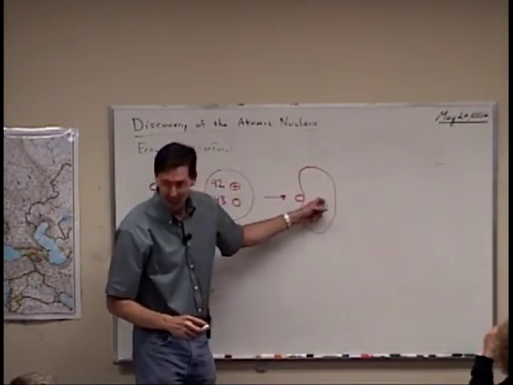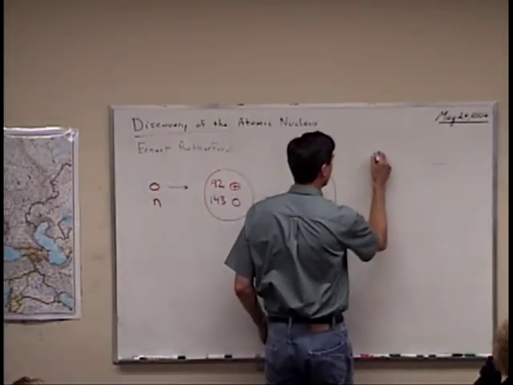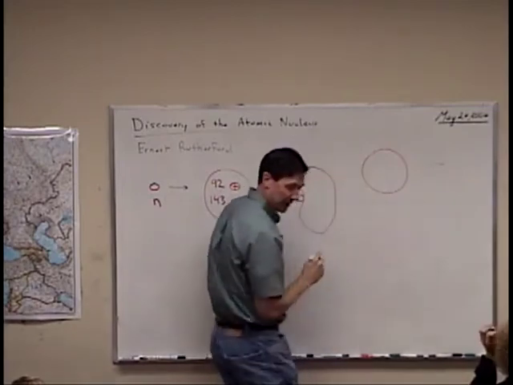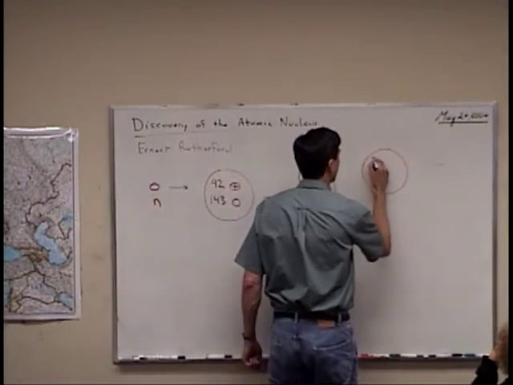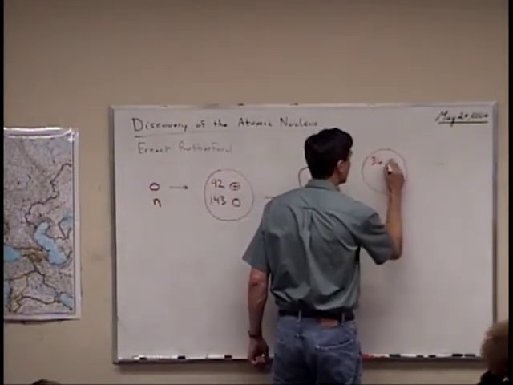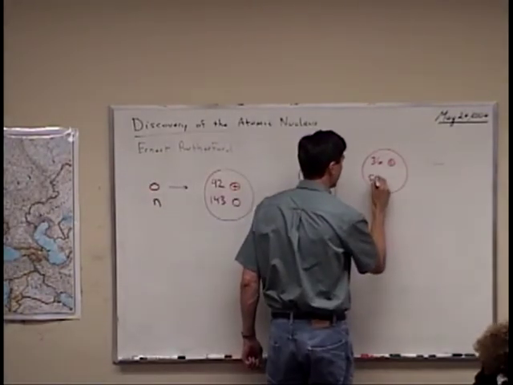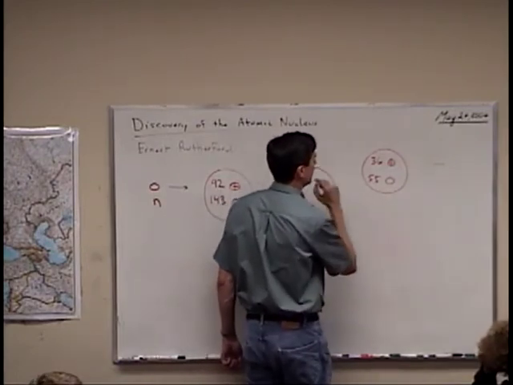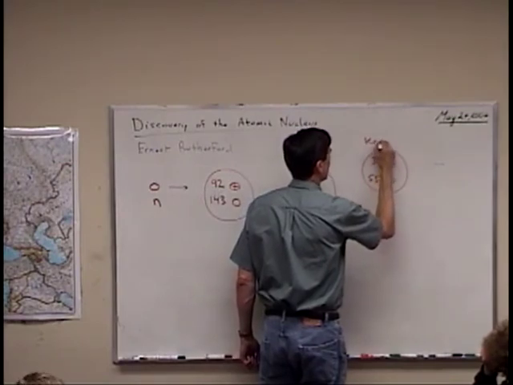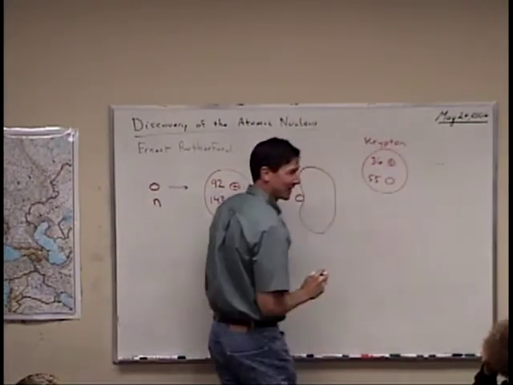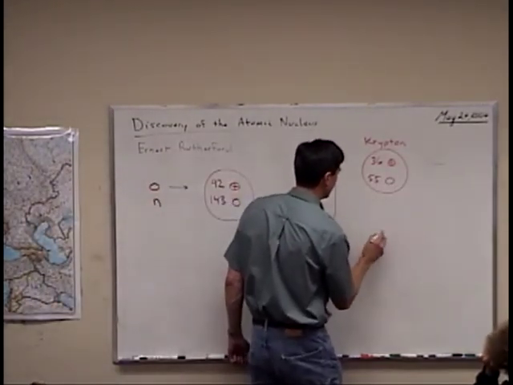So you actually end up breaking this thing in two. And I'll tell you what it goes to. It breaks into two other nuclei. One has 36 protons and 55 neutrons, and that atom is called krypton.